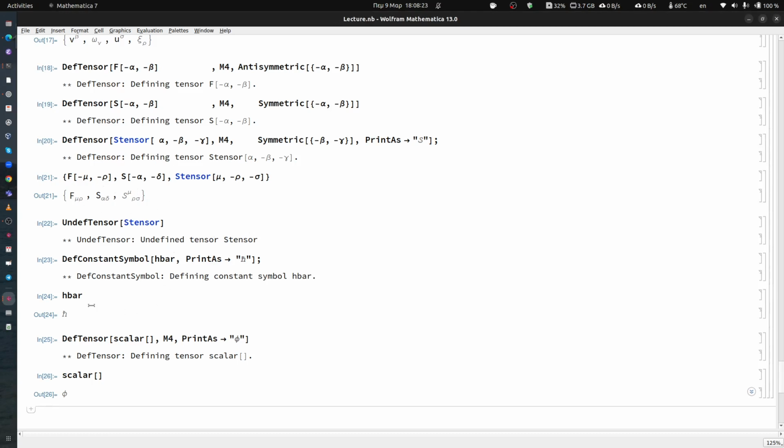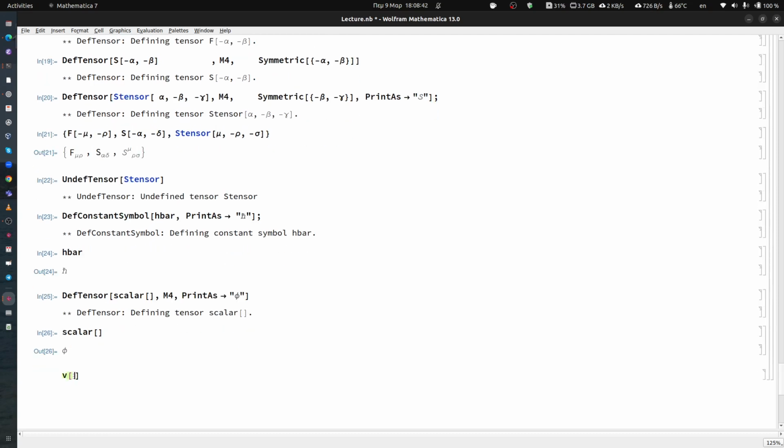Let's see now how to do contractions. Contractions follow the Einstein convention. So we have to have an upstairs index and a lower index with the same name, like for example here. So V of mu times omega minus mu will give us the contraction of a vector with a one form.